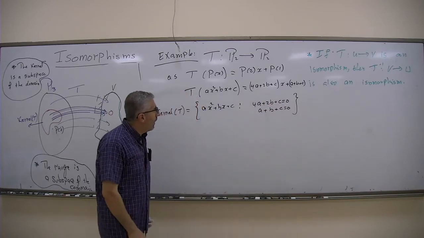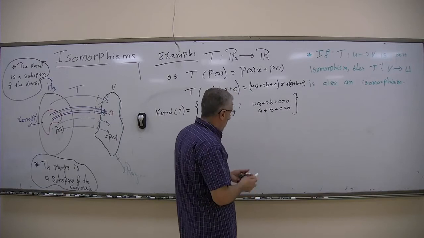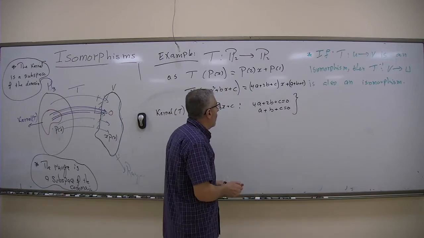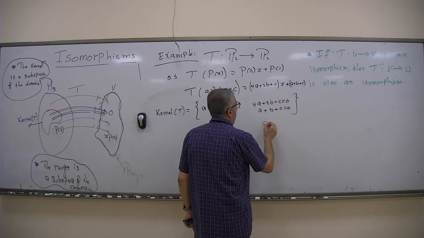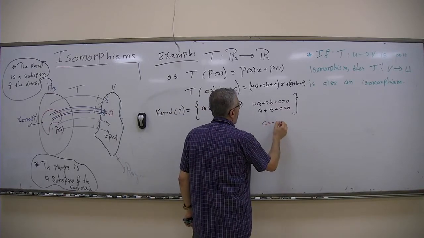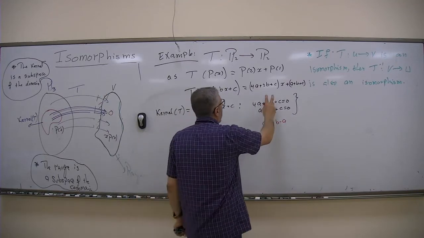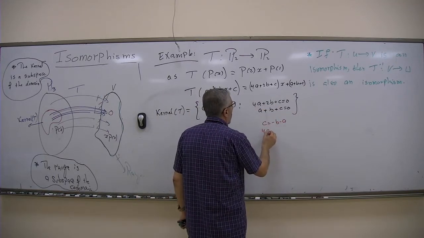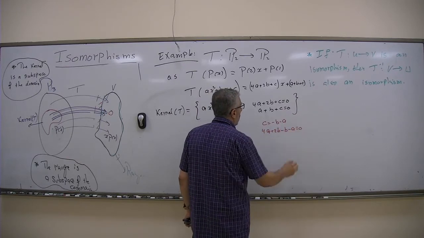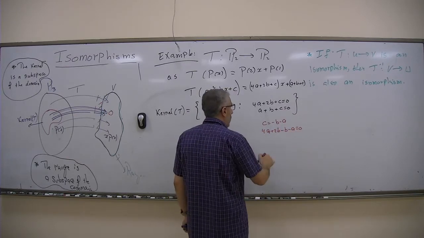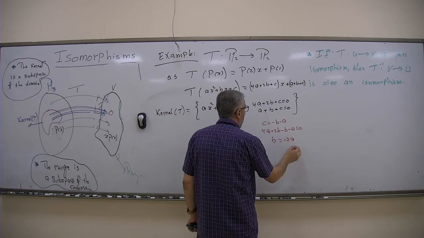So when you solve this, you can solve it in any way you want. Quickly, we can say c equals negative b minus a. And from the first equation, you get 4a plus 2b minus b minus a equals 0. So from here, you get b equals negative 3a.